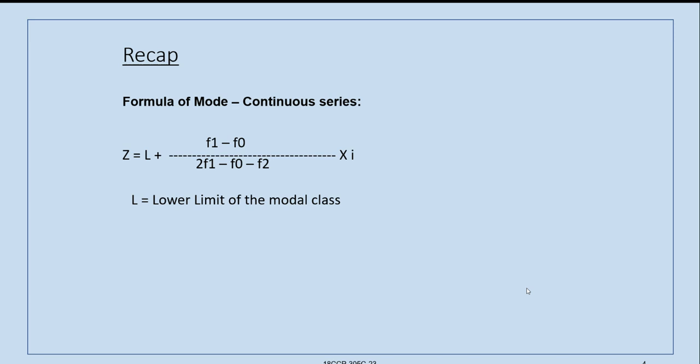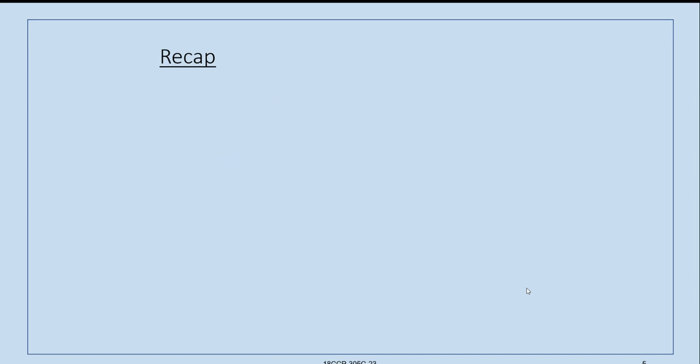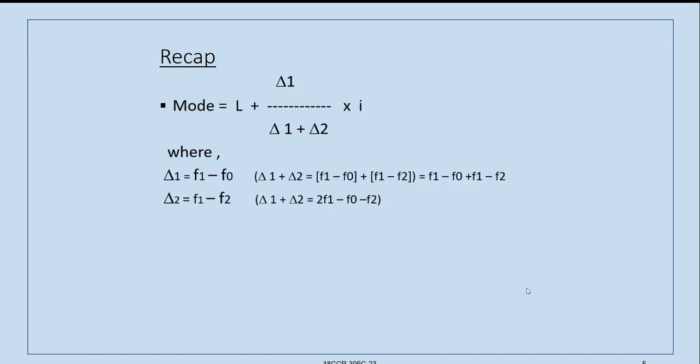An alternative formula is also provided, that is L plus delta 1 by (delta 1 plus delta 2) into I, where delta 1 is nothing but F1 minus F0, and delta 2 is nothing but F1 minus F2.